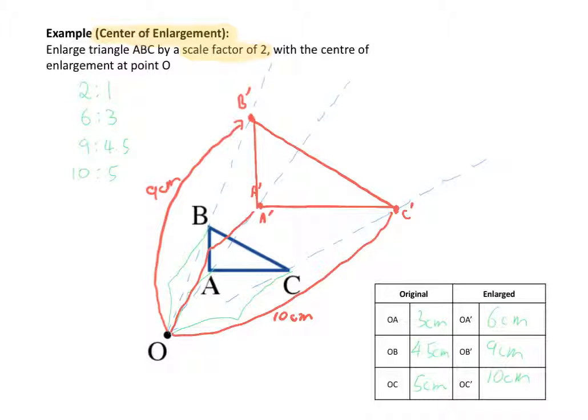So my original triangle is the object, and my new one is the image. By using the guidelines and the center of enlargement, I was able to draw an enlarged triangle with a scale factor of 2.